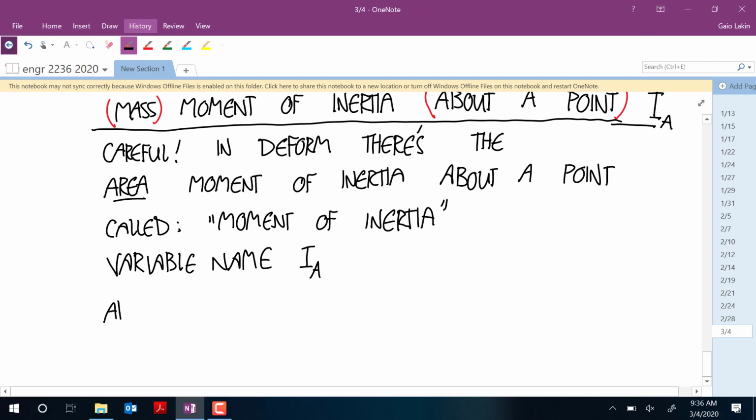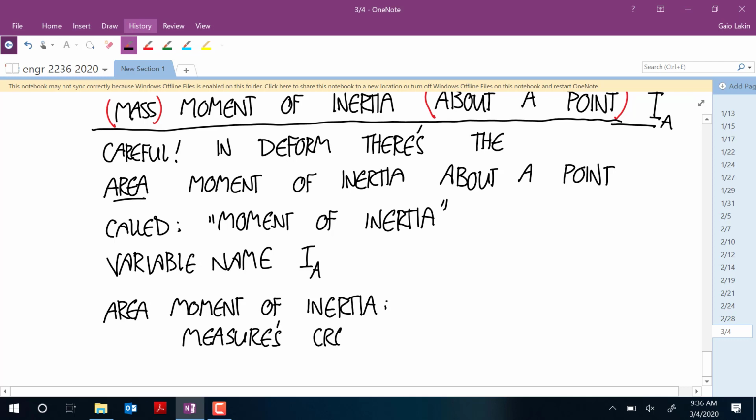The area moment of inertia is a measure of a cross section's resistance to bending.